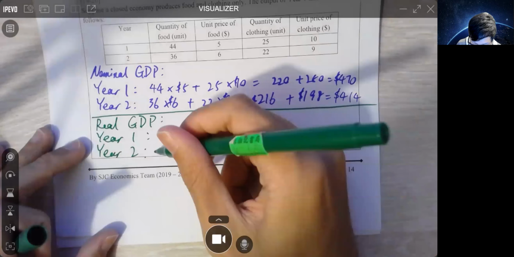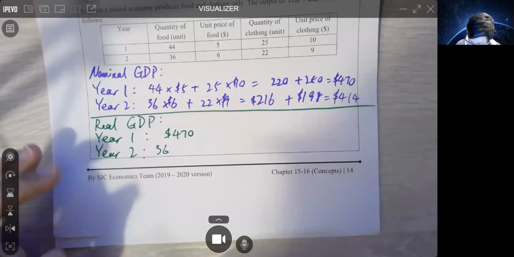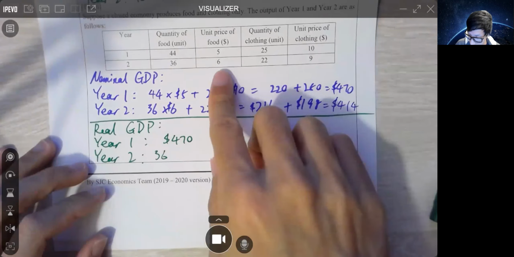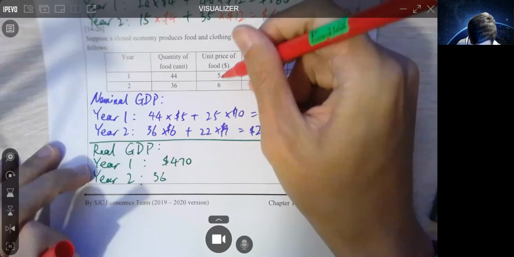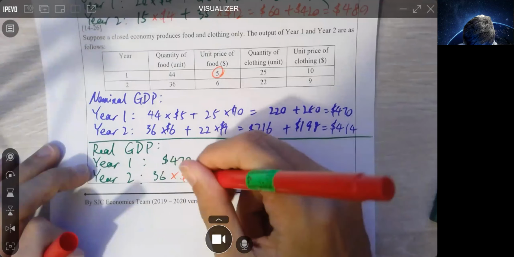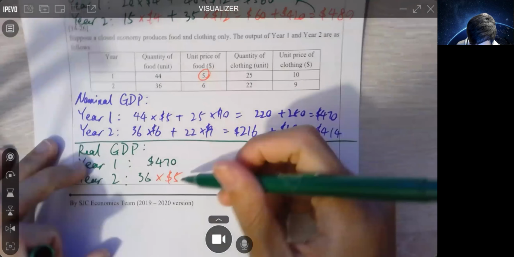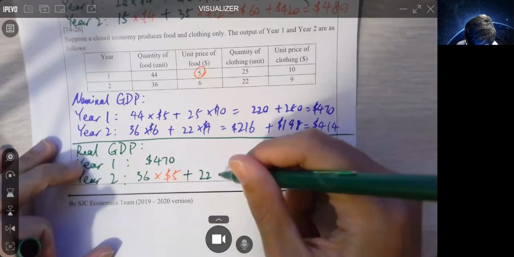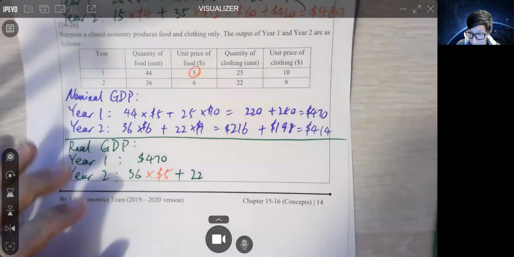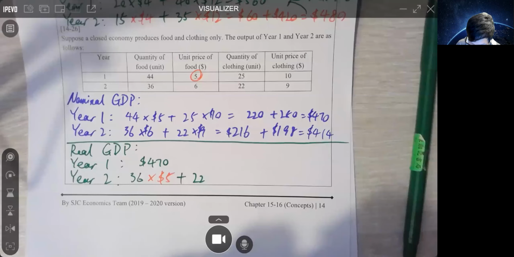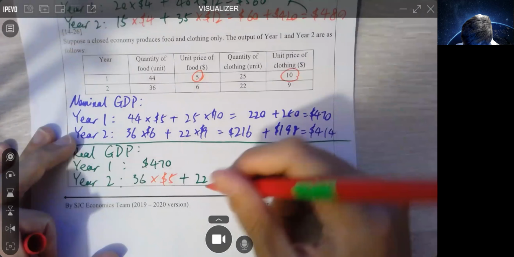Year 2, we do this 36 units. Instead of using 6, we use $5. Not 6. Then again, 22 units. Instead of using $9, we use $10.